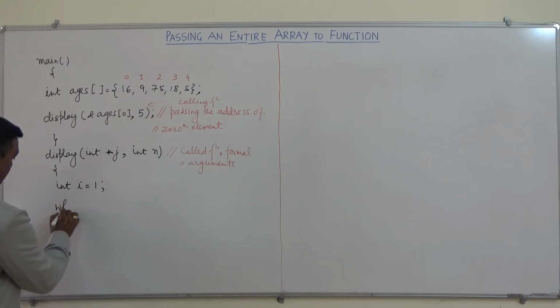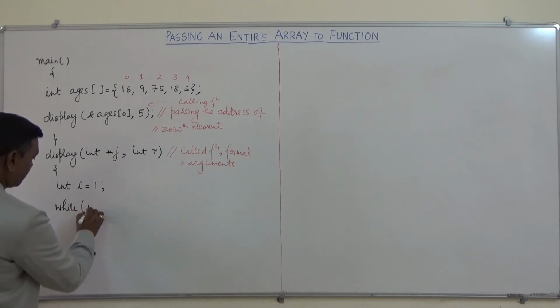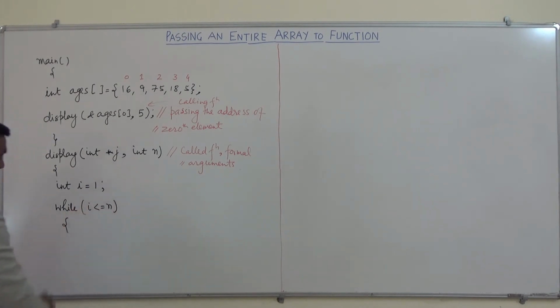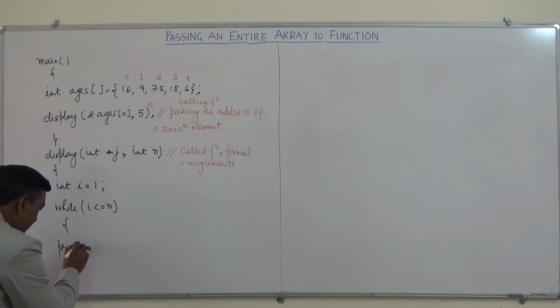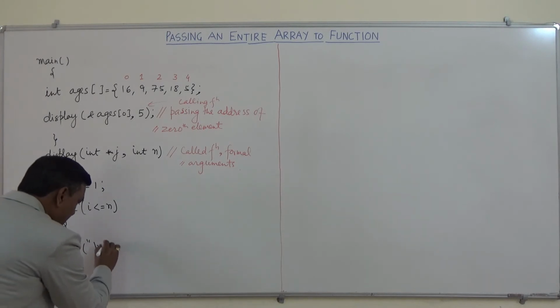While I is less than equals to n, where the value of n is 5. Within this we will print the value of each element.